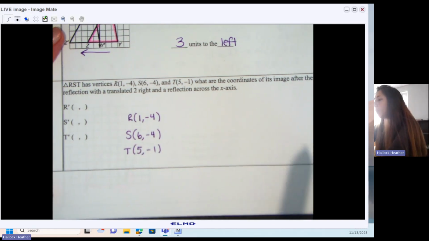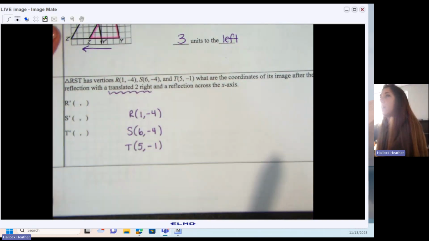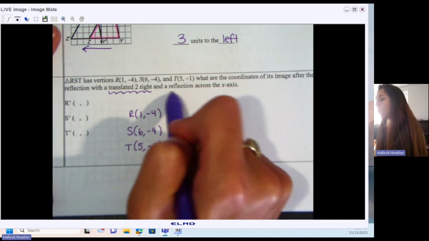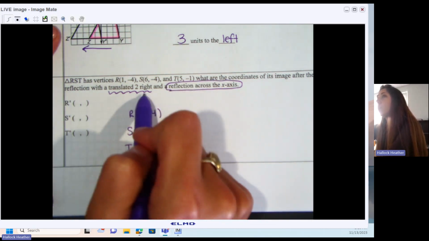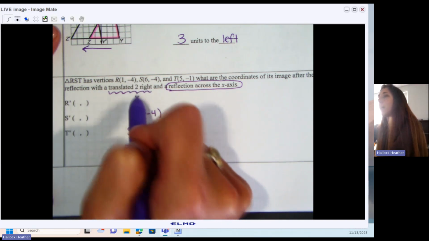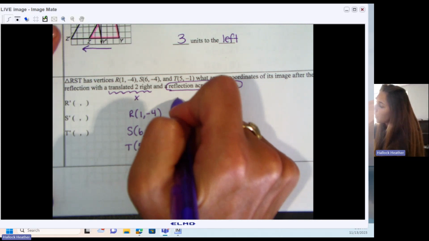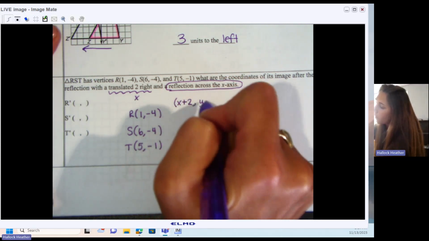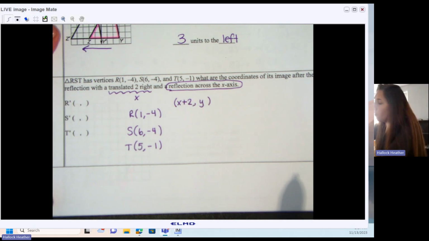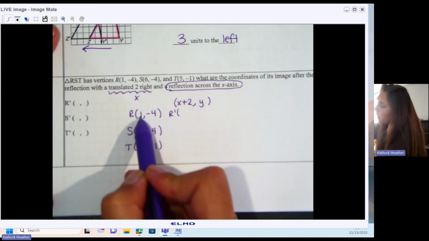The first thing I need to do is translate it 2 to the right, and then I will reflect across the x-axis. So if I'm going 2 to the right, this is your x, because x is shifting side to side. So the first thing I'm going to have to do is take my x and add 2 because it's to the right. Y is not changing at all.